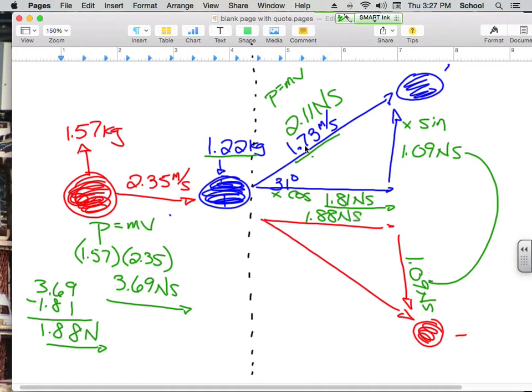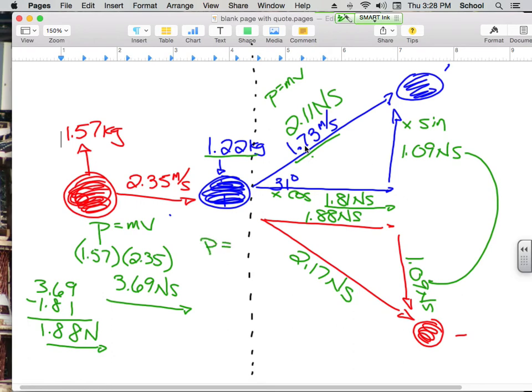So if I look at my red triangle, I have two sides, and I'm looking for the big side. I think I need to use the Pythagorean theorem. So it's going to be the 1.88 and 1.09, and we end up with 2.17 Newton seconds. Now, I'm not looking for the momentum of the red ball afterwards. I'm looking for the velocity.